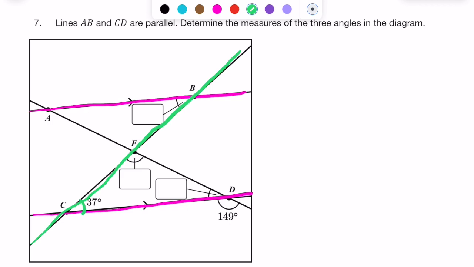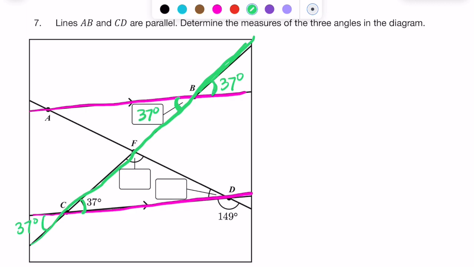Like this angle is 37 degrees, they tell us. So that means this angle, which is its vertical angle, is 37 degrees. But we also know that we can translate this 37 degree angle up, and this angle that's formed is also 37 degrees, and then by vertical angles, that angle is also 37 degrees.